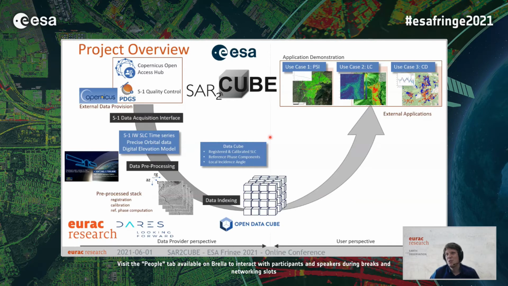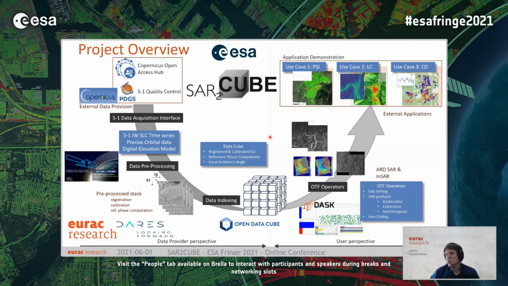In our case, we use the Open Data Cube here. There we try to put all the important layers and auxiliary information that is needed to do all further processing. And then based on this, we generate on-the-fly operators to generate the different SAR products, like the backscatter intensity amplitude images, or the coherence, or interferograms, basically.